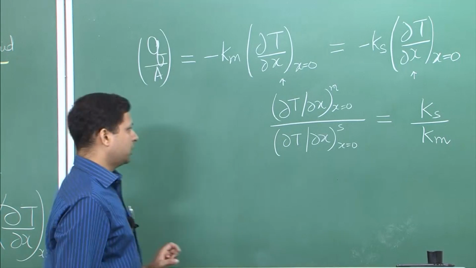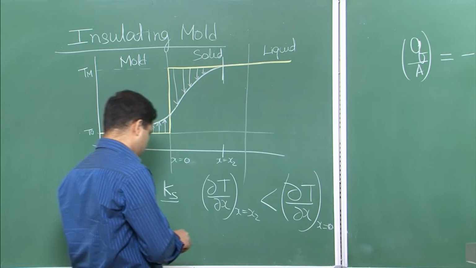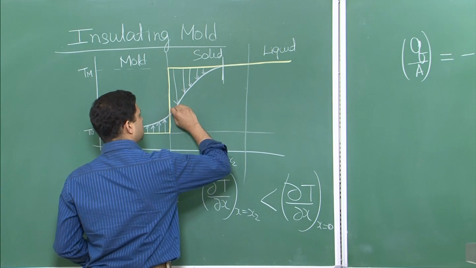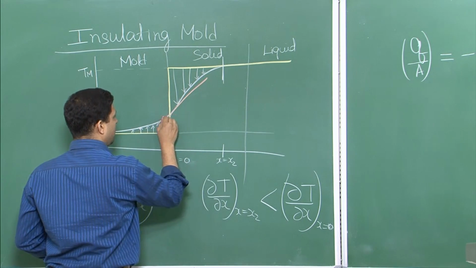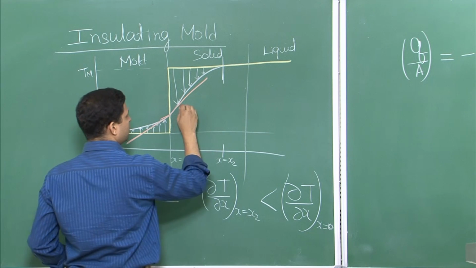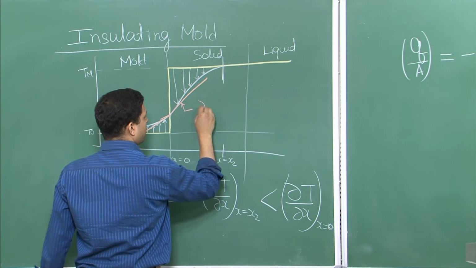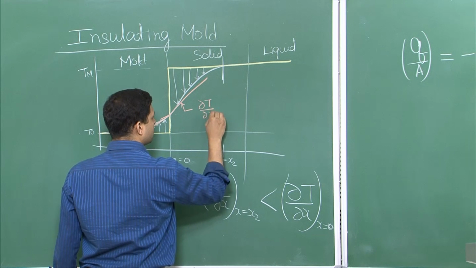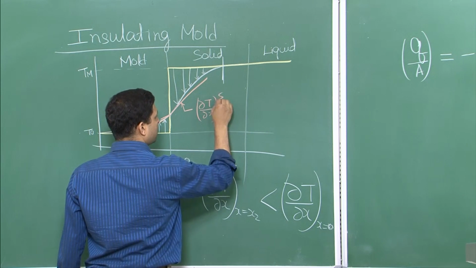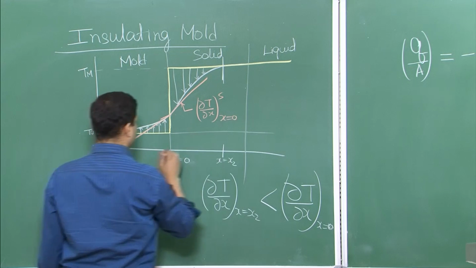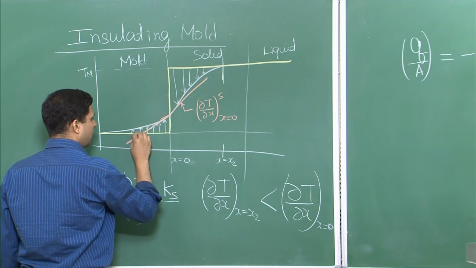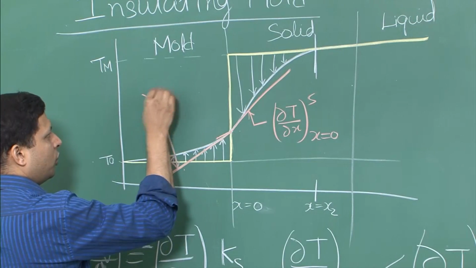So these two are related, meaning this is the slope we are talking about, and this is the slope we are talking about. This is the slope of del T over del X for solid at x equal to 0, and this is the slope in the mold part.